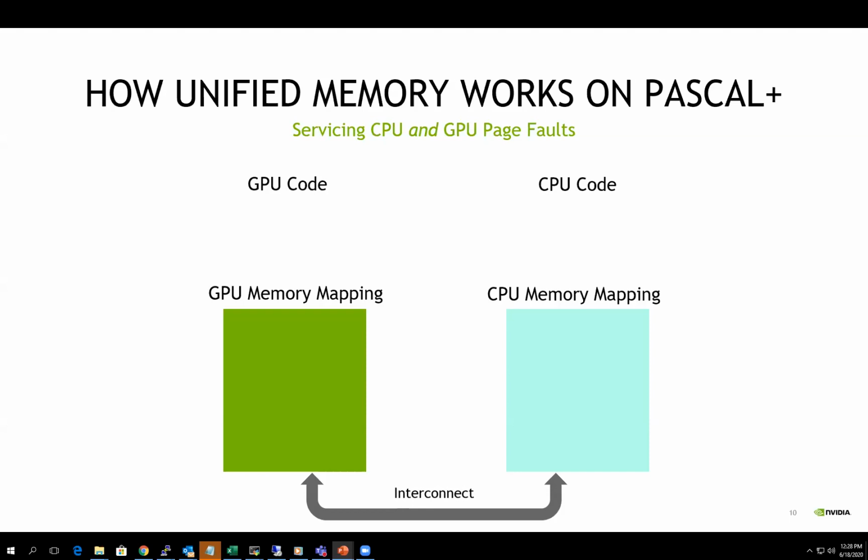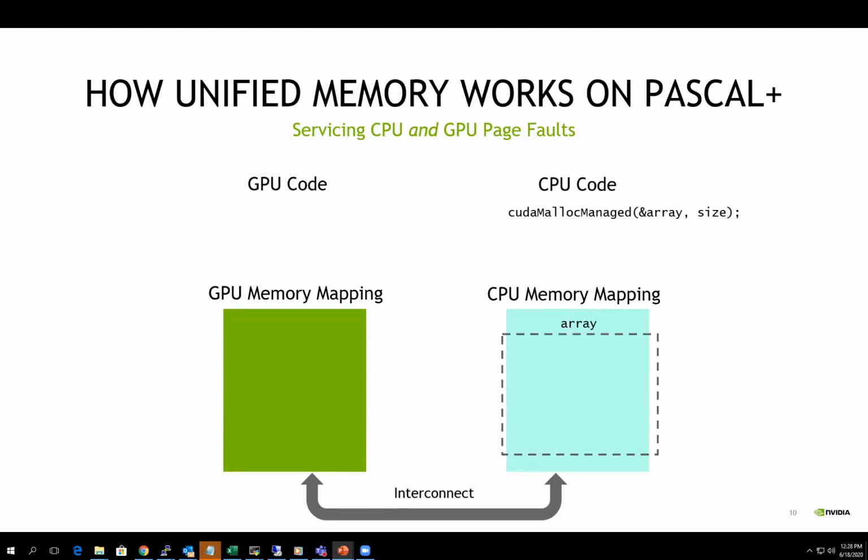And of course, we know that there is a physical interconnect on a system like Summit that is NVLink, but on other systems it could be PCI Express. There's a physical interconnect that is somehow allowing for the transfer of data, the migration of data as needed. And we're going to see how that works in detail.